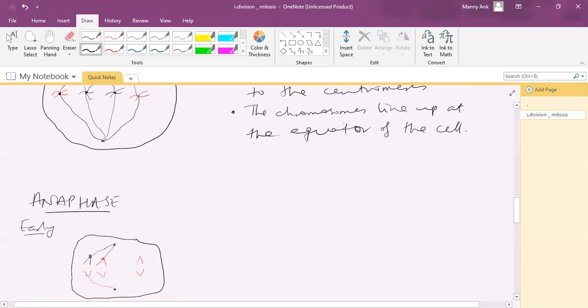Let's use the black one for this. The chromosomes are moving apart. The spindles are shortening and pulling them to opposite poles.